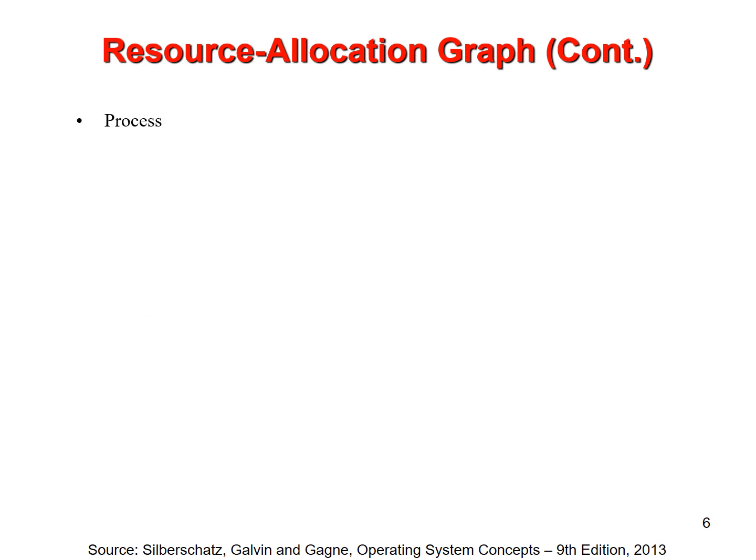Now, in a pictorial form, the process is represented by a circle and the resource is represented by a rectangle, and the resource can have any number of instances. For example, here this resource type is represented as a rectangle and it has 4 instances in it, which means there are 4 resources of that particular resource type available.